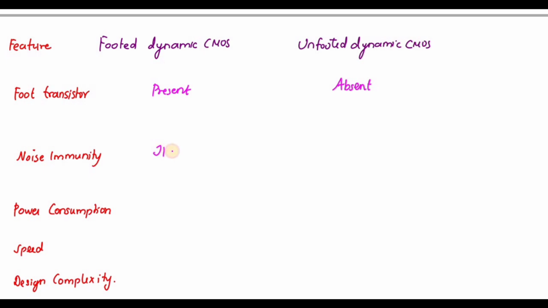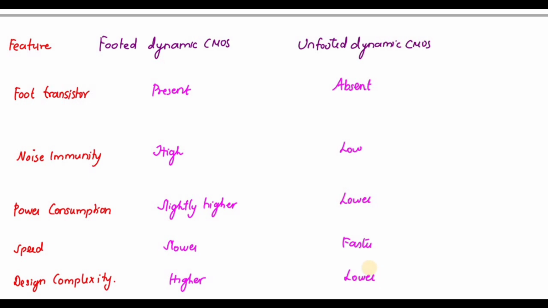Noise immunity is higher here and low here, because I have a footer transistor which will prevent the leakage. The power consumption is slightly higher because of one more transistor, and it is lower here. The speed is slower here and faster here. The circuit complexity is higher here and lower here.